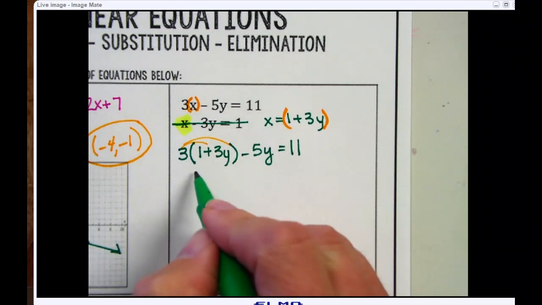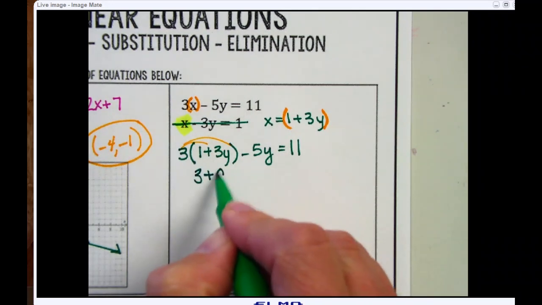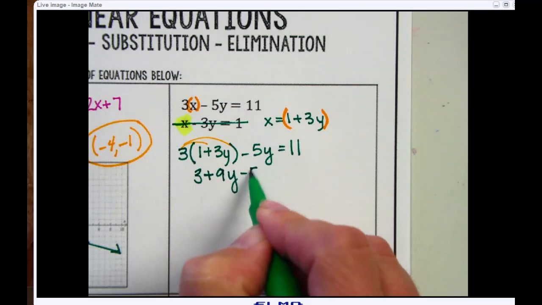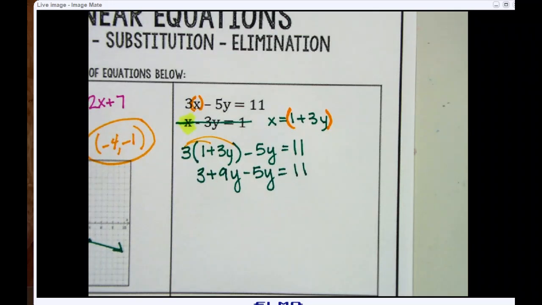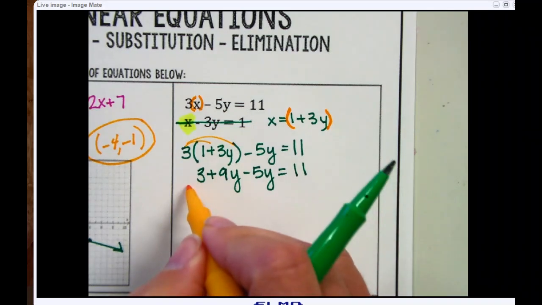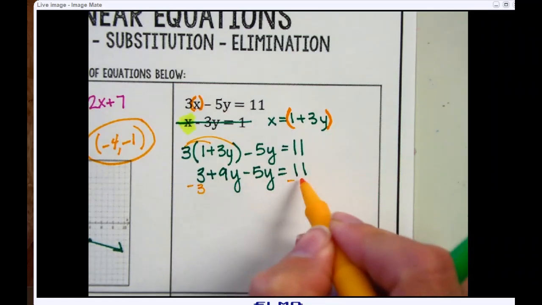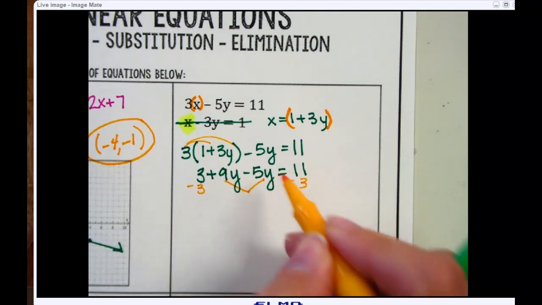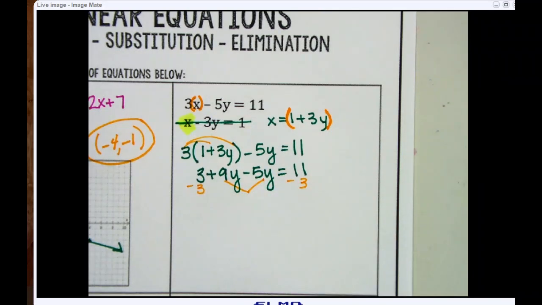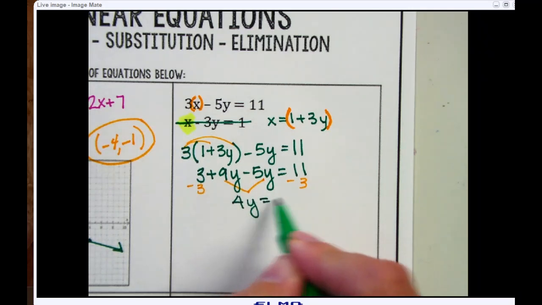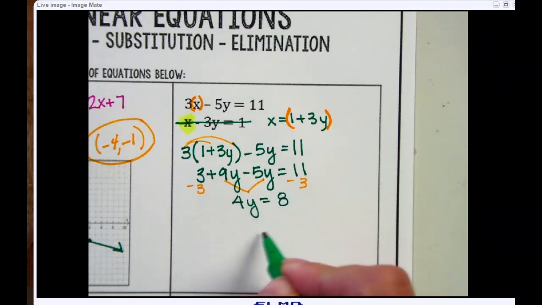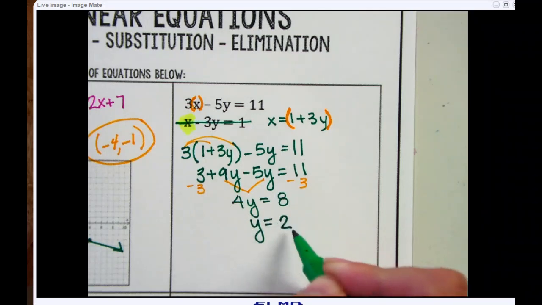We would have 3 plus 9y minus 5y equals 11. I'm going to do two steps at once right now. I'm going to take away my 3, but I'm also going to combine those while I'm at it. So I would have 4y equals 8. So y equals 2.